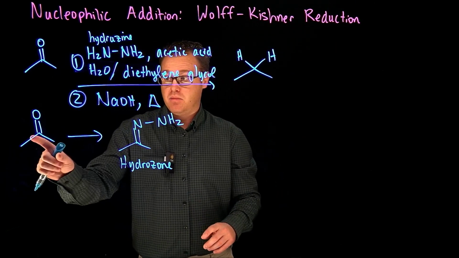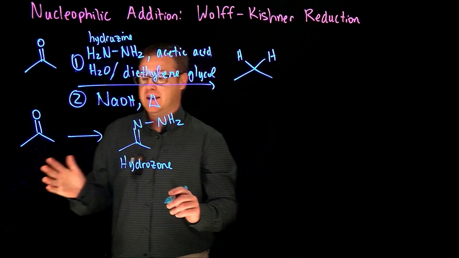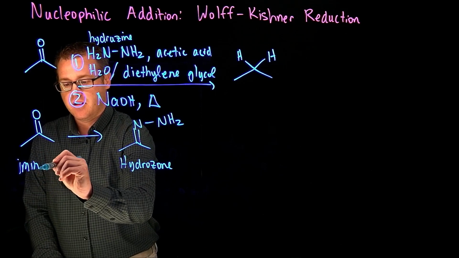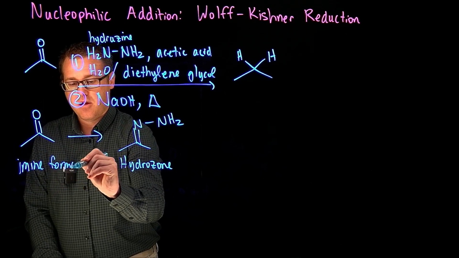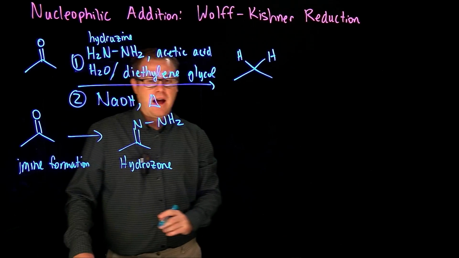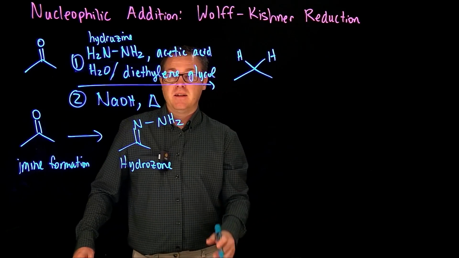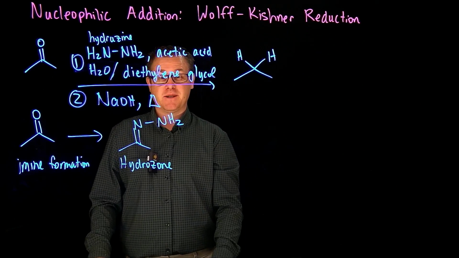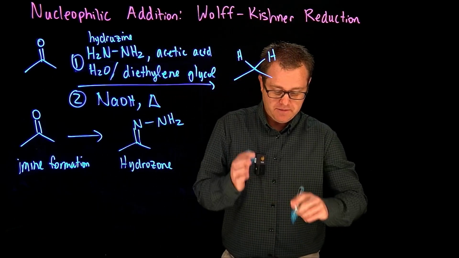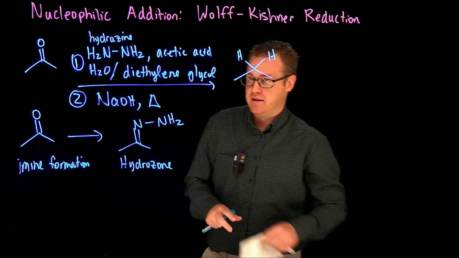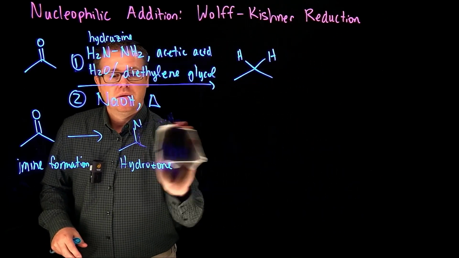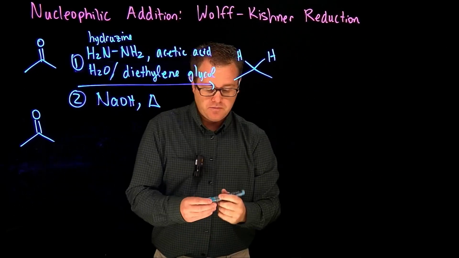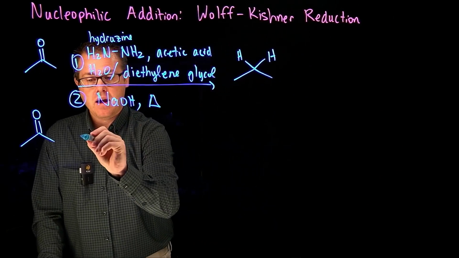To go from here to here is analogous to amine formation. Remember that mechanism? How do you form amines in mildly acidic conditions? It's the same mechanism, more or less. But let's go through it and take a look at that. So we have here our hydrazine.